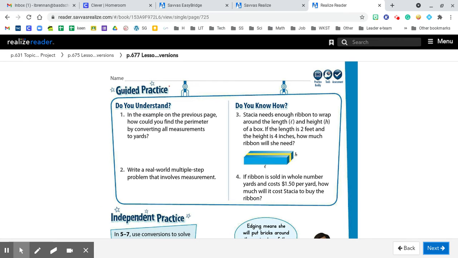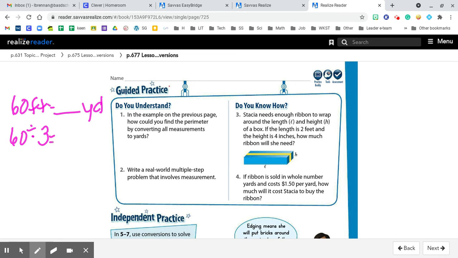In the example on the previous page, how would you find the perimeter by converting all measurements to yards? So if you want to convert 60 feet to yards, you're going to take 60 and divide it by 3, because there are 3 feet in a yard, and so you're going to get 20 yards.